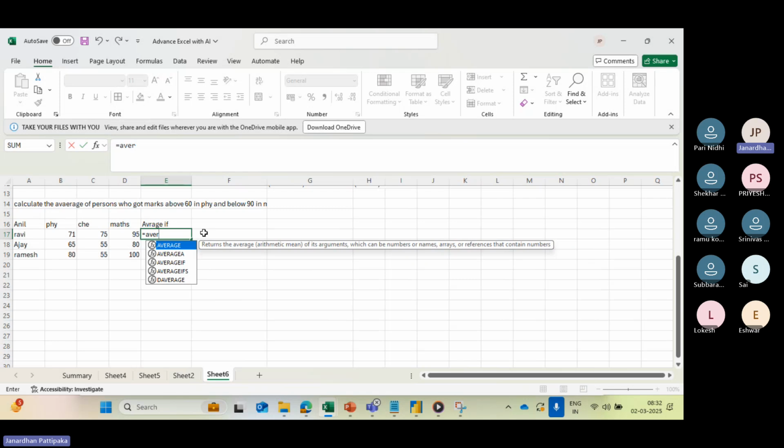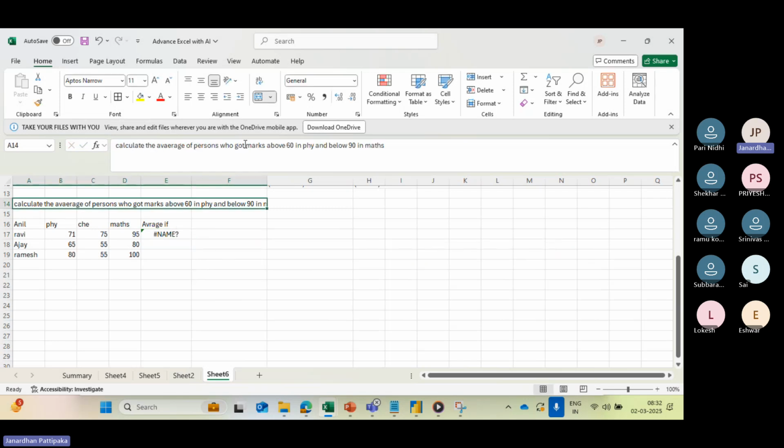That means 60 to 90, I am able to calculate here. So instead of giving the marks, I will calculate the person who got the average marks above 60 and below 90. I'm not mentioning the subject, so it will become easy for you.